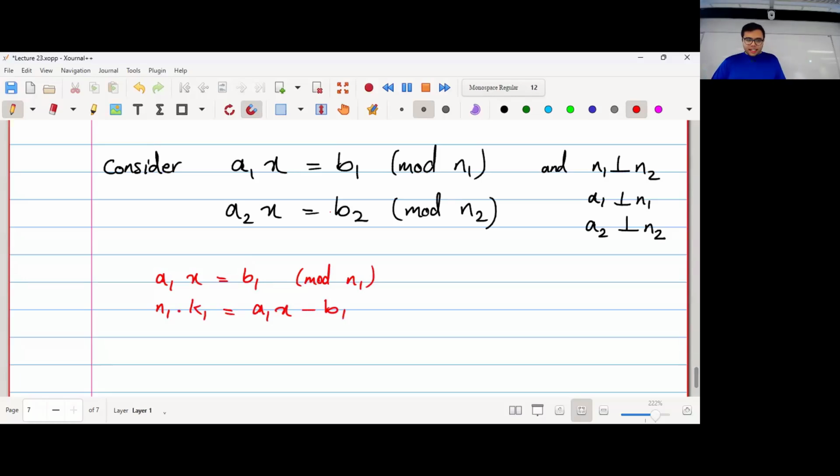And I know that I have exactly one solution for the second one. So N2 times some K2 is going to be A2x minus B2. Can I combine these?